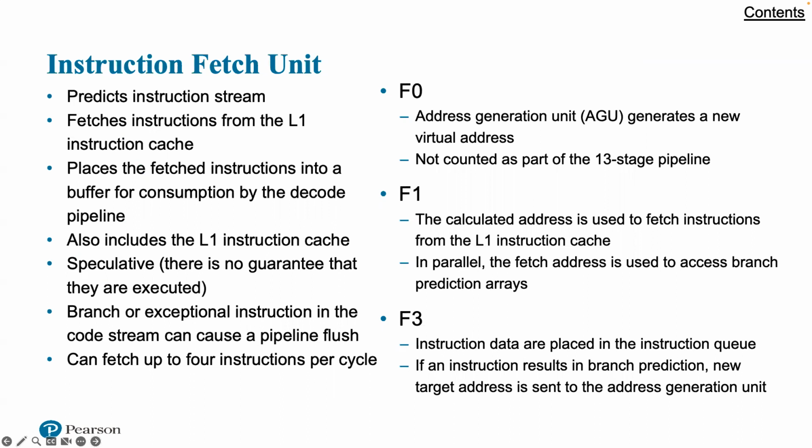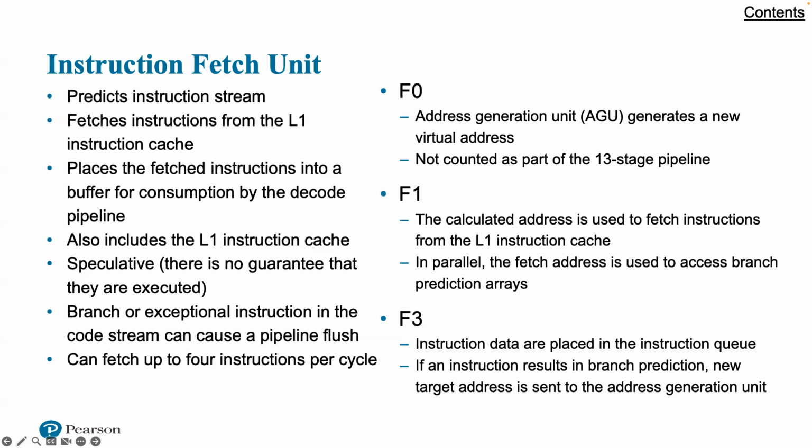Because there can be several unresolved branches in the pipeline, instruction fetches are speculative, meaning there is no guarantee that they are executed. A branch or exceptional instruction in the code stream can cause a pipeline flush, discarding the currently fetched instructions. The instruction fetch unit can fetch up to 4 instructions per cycle and goes through the following stages.